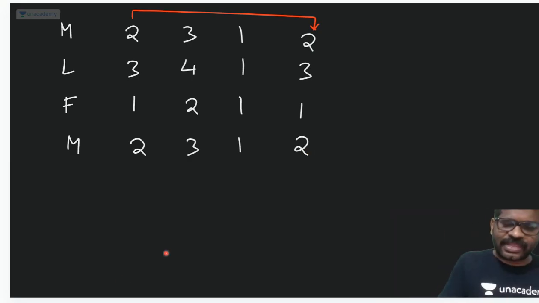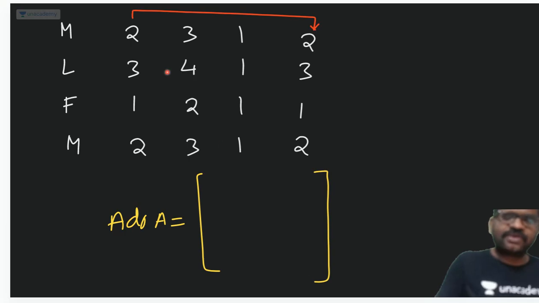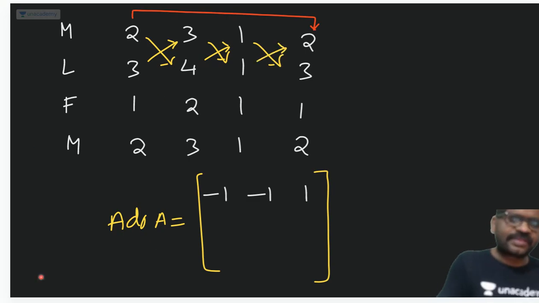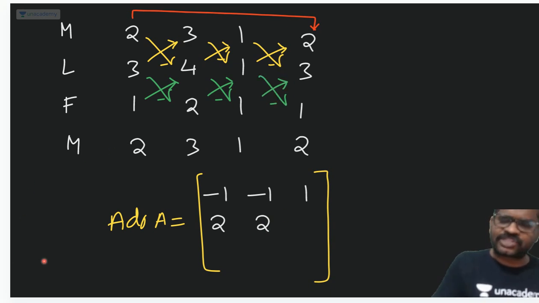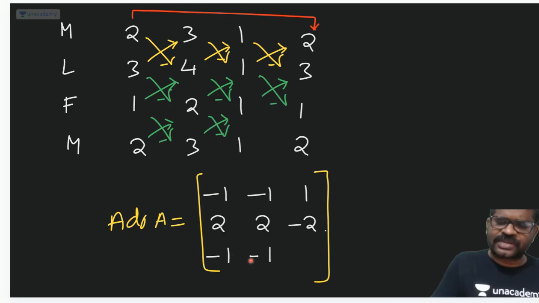Now apply the AD minus BC technique, and automatically we will get adjoint A. 8 minus 9 is minus 1, 3 minus 4 is minus 1, 3 minus 2 is 1, 6 minus 4 is 2, 4 minus 2 is 2, 1 minus 3 is minus 2, 3 minus 4 is minus 1, 2 minus 3 is minus 1, 2 minus 1 is 1.